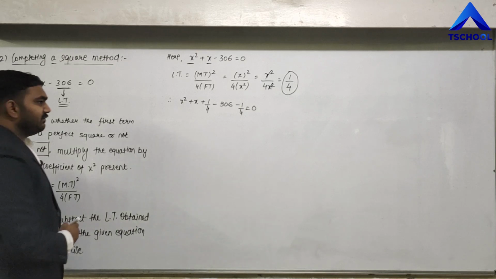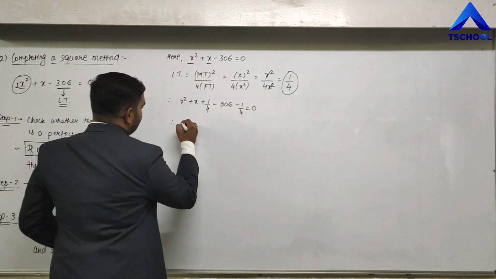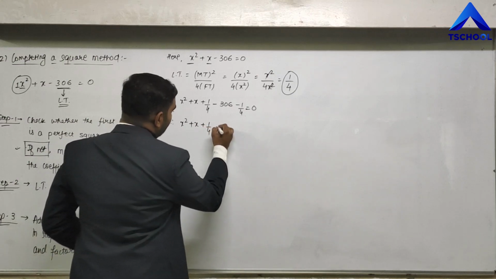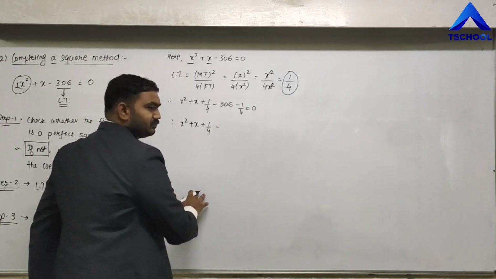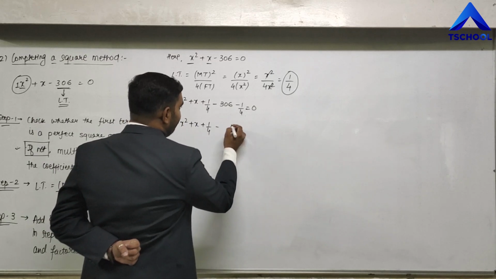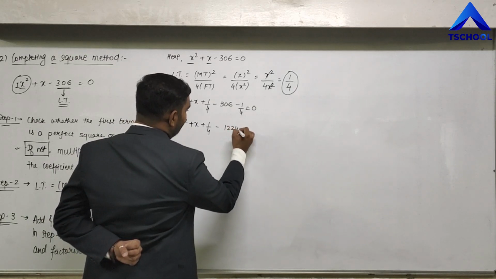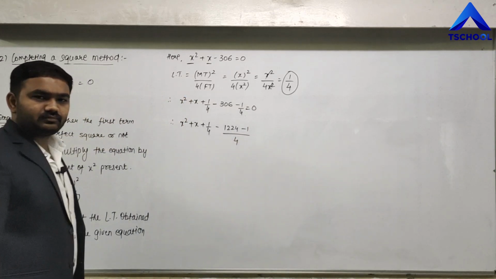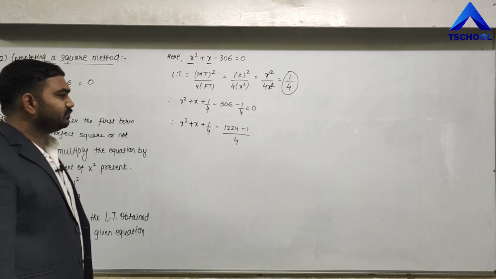We shall get x square plus x plus 1 upon 4 minus, this will be 1224, since 4 into 6 is 24, 4 into 3 is 12, so 1224, minus 1 upon 4. Yes or no?